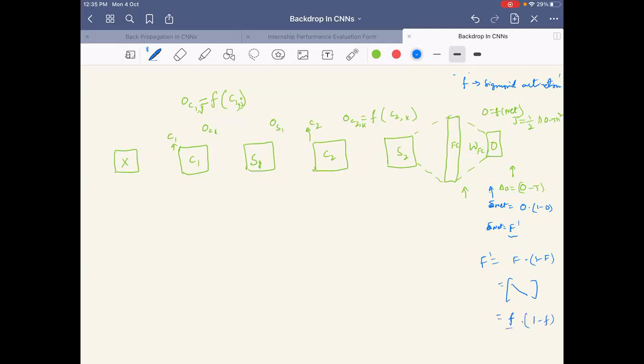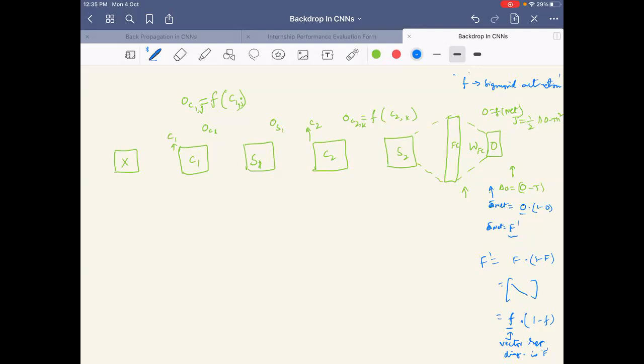Assume that whenever we write small letters, it is the vector representing the diagonal elements in matrix F. So we can either perform element-wise operations or matrix operations.